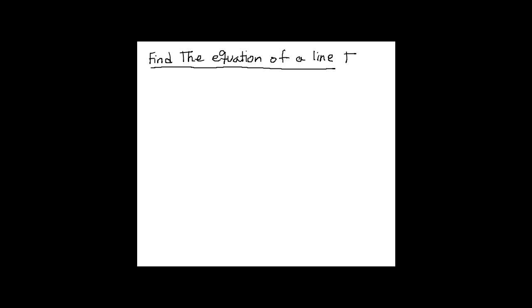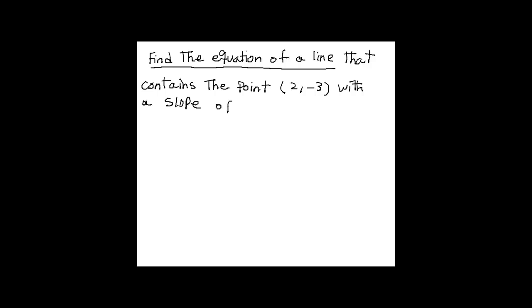Okay, let me continue the question here. Find the equation of the line that contains the point (2, -3) with a slope of 1/6.